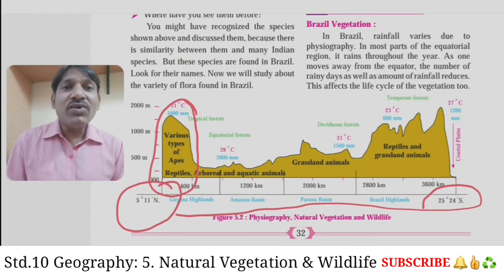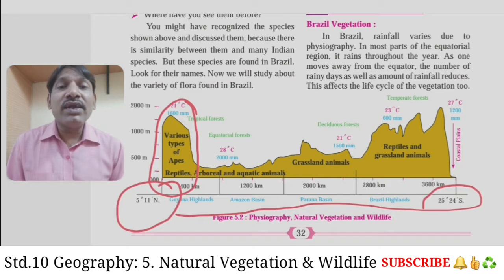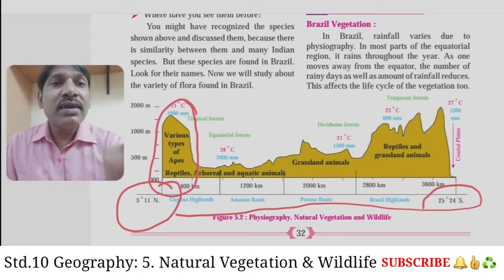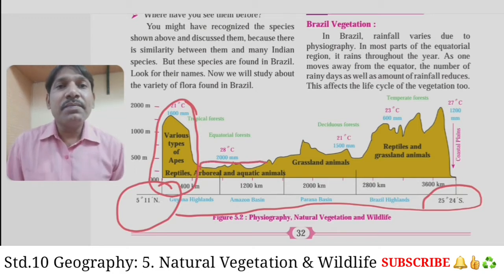And then after the Guyana Highlands, we know that the equatorial forest, or equatorial region, is there. The Amazon Basin is located after the Guyana Highlands near the equator. Okay students, this region is completely the Amazon Basin region.